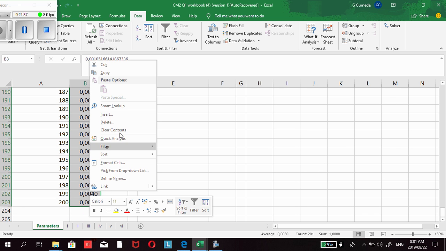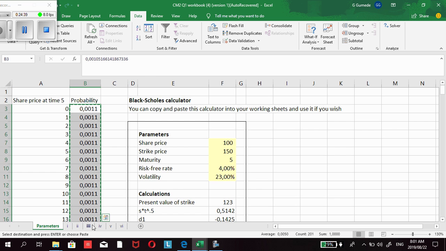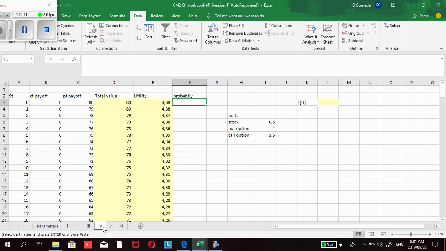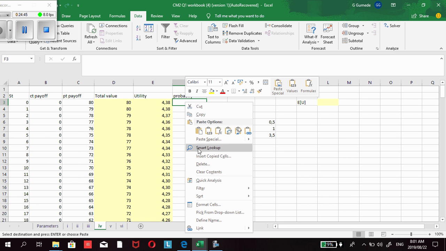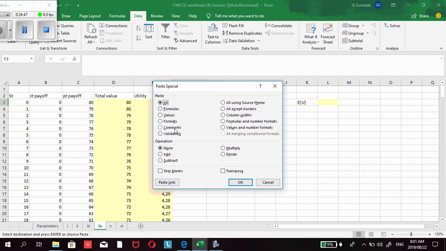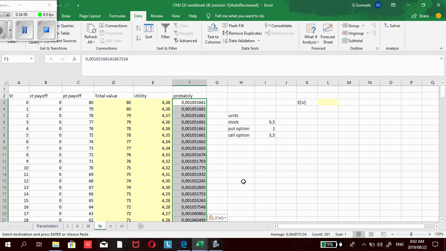Now, no formula was used when they wrote down these probabilities, so I'm going to paste the values as given. So there I have them.